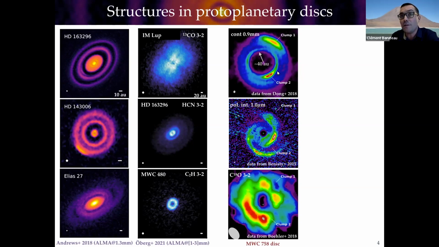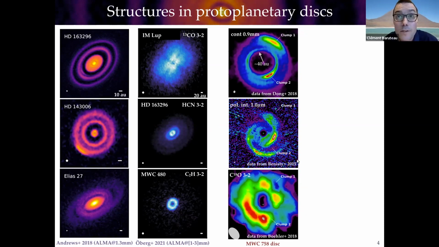Just outside this cavity, you see what looks like an eccentric, non-axisymmetric ring of emission, which passes by this structure denoted by clump 2 in the image. And further away towards the northwest of the disk, you get another crescent-like emission, denoted by clump 1 here.